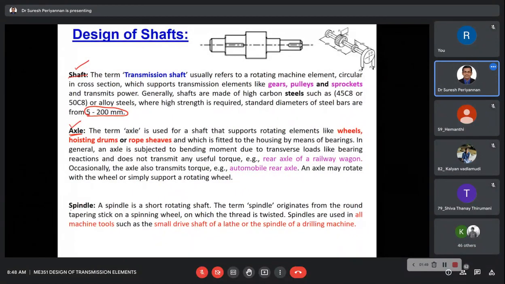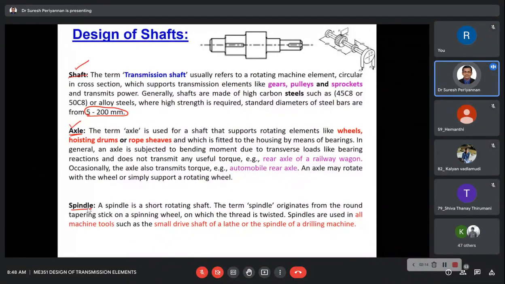But the spindle is a small length of shaft with a slightly tapered design. So you should know the difference between shaft, axle, and spindle. The shaft is always a rotating component. The axle is mostly a non-rotating component.